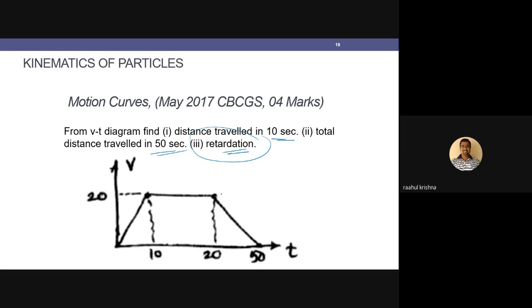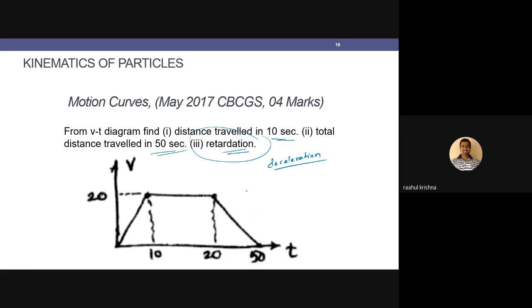Decrease in something. Also known as deceleration. Reducing acceleration is known as retardation.